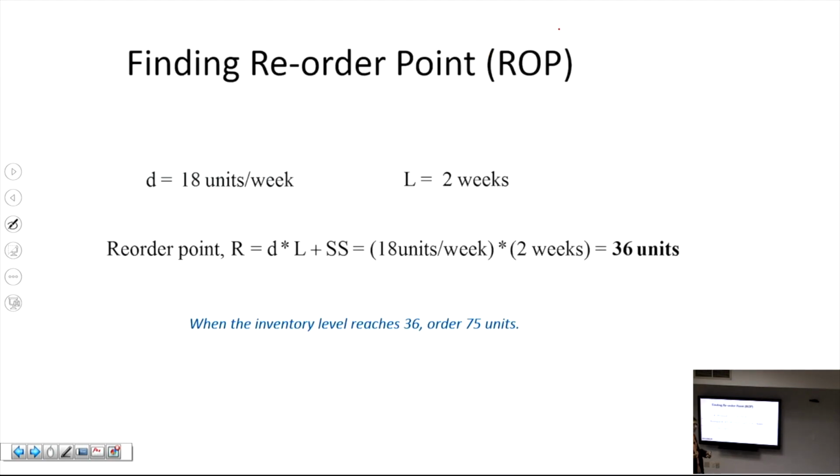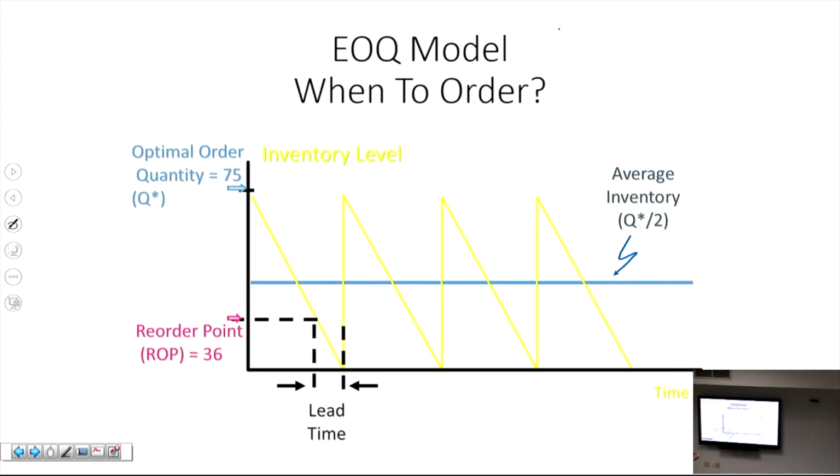All right, so next parameter here is to find the reorder point. So the idea here is your order size is 75 now, you start at 75.